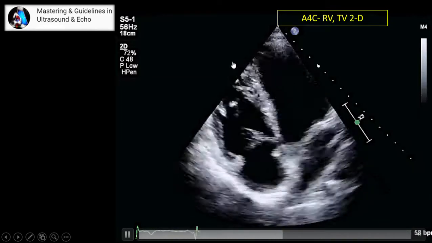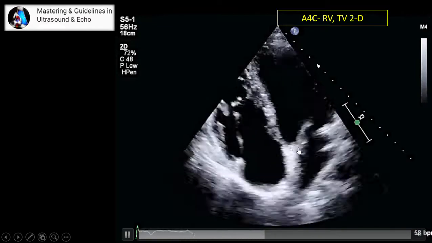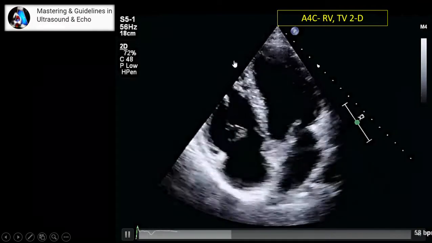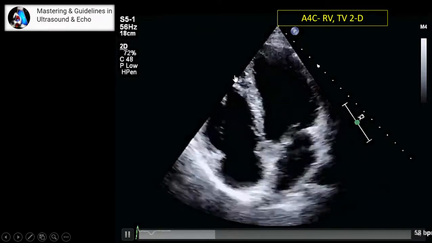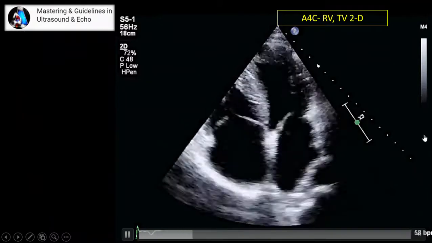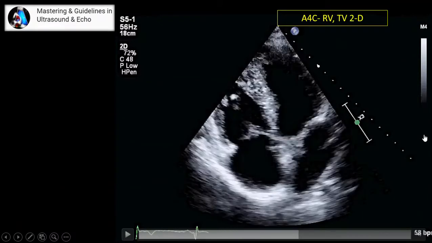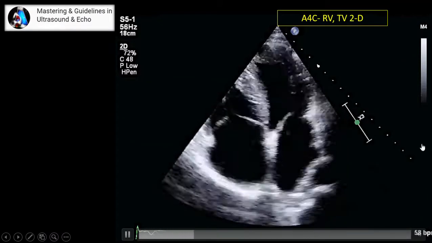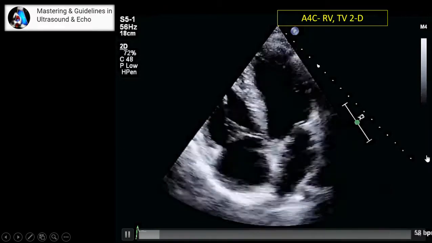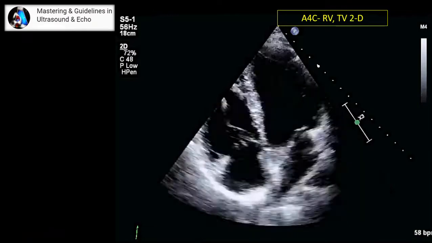If you don't see the apex, try to move it down and medial, so you can see all the right ventricular completely. After that, you have to measure 2 dimensions, basal diameter and mid diameter of the right ventricular.